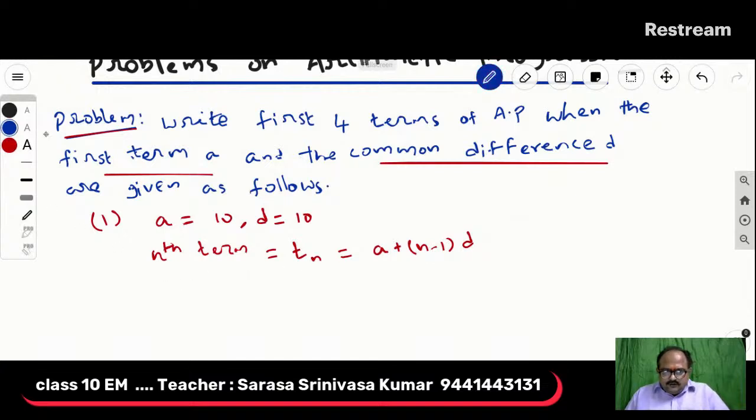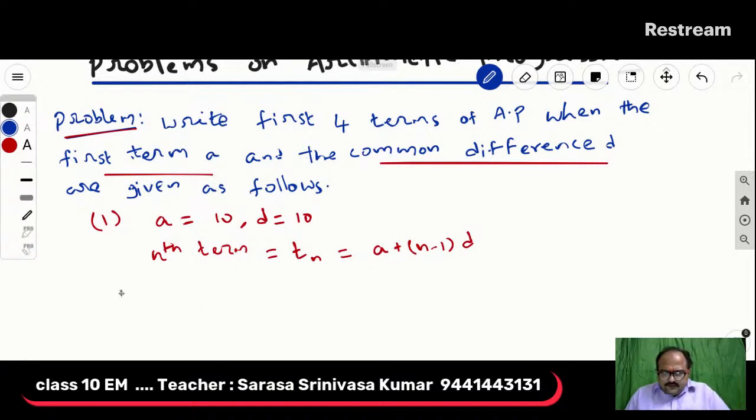Now we have to find the first four terms. First term equal to A, it is already given. We have to find T2, T3, T4.